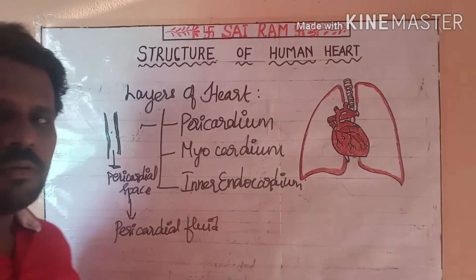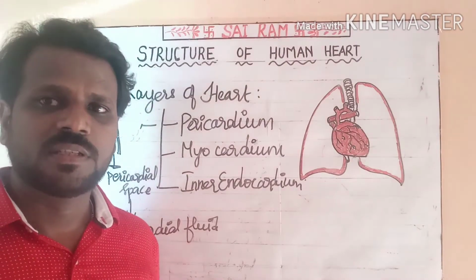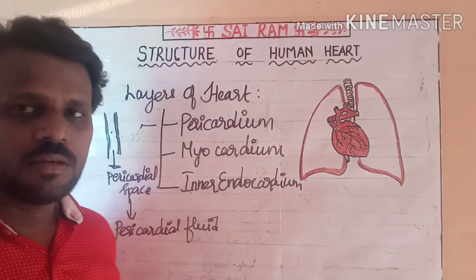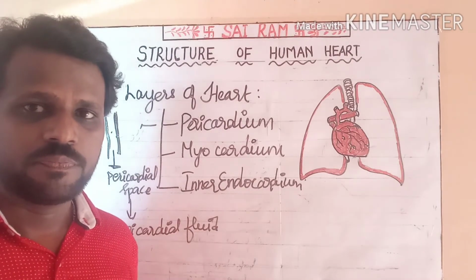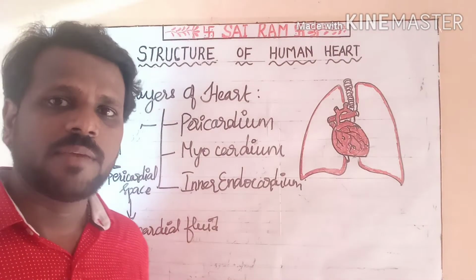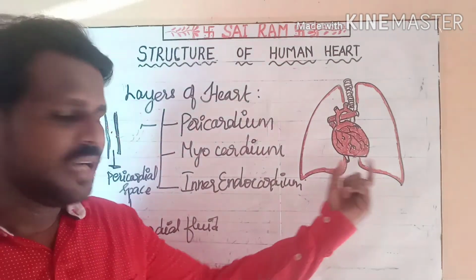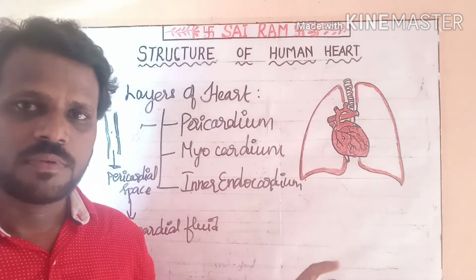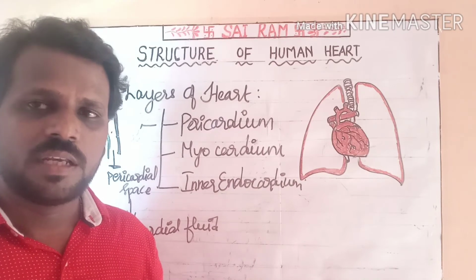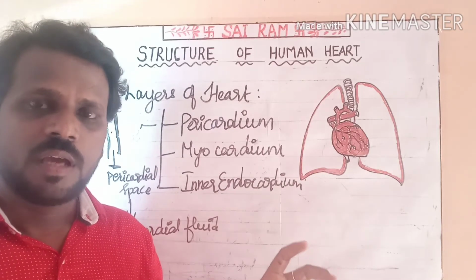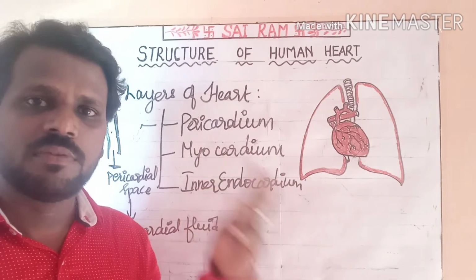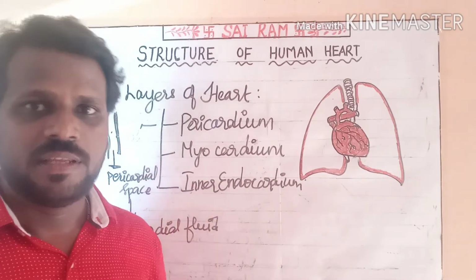You need to know why this pericardial fluid is present in the space of the pericardium. Because the heart always pumps the blood throughout the body. It is a tireless organ in our body, which contracts and relaxes several times, even till our death.